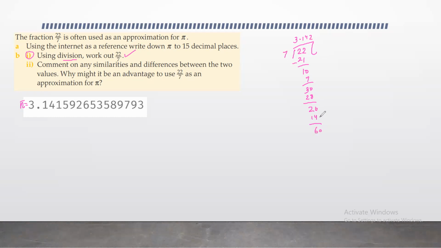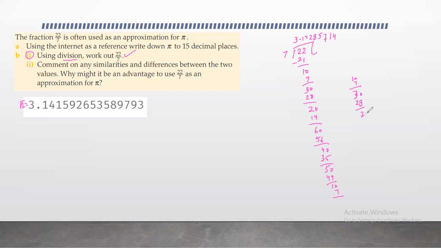Now we have 6 left, so 7 eights are 56. We have 4 left, put 0, so 7 fives are 35. And then again we have 5 left, so put 0, so 7 sevens are 49, and I have 1 left, so put 0. 7 ones are 7.